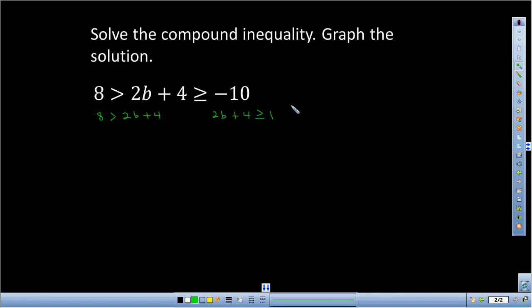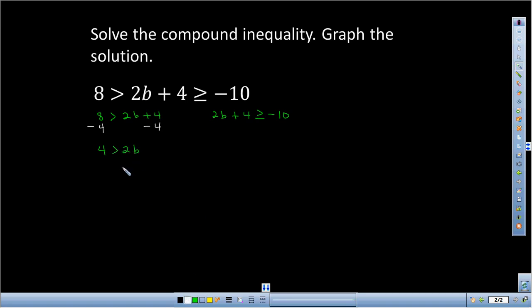So here we have 8 is greater than 2b add 4, and 2b add 4 is greater than or equal to negative 10. Now we can just go ahead and solve those one at a time. Again, we're trying to isolate the variables, so using the subtraction property of inequality, we can subtract 4 from both sides of the inequality. So we have 4 is greater than 2b.